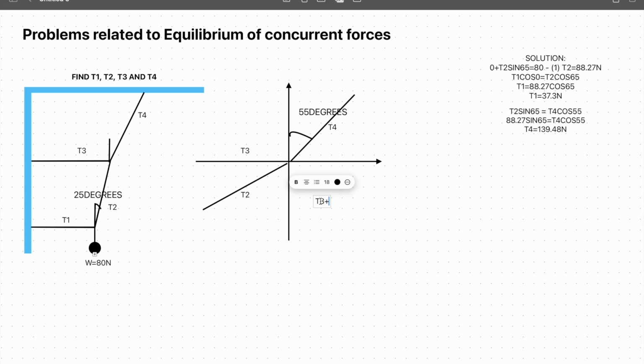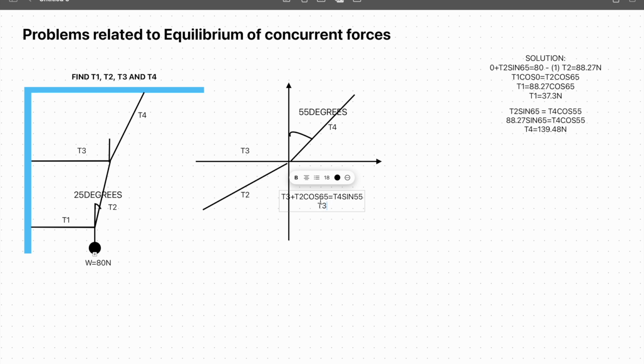So T3 plus T2 cosine 65 equals T4 at x, which is sine of 55.